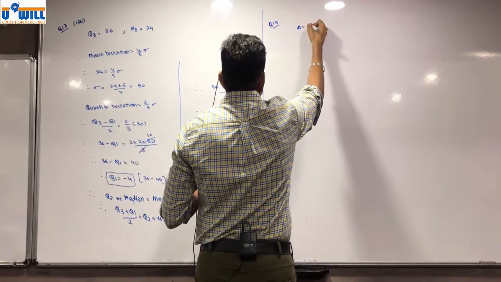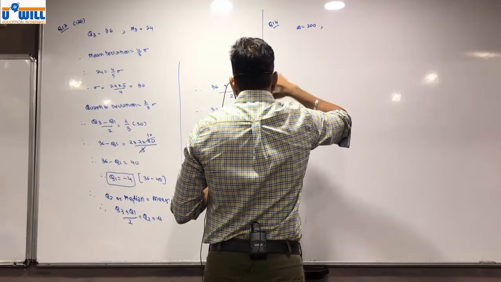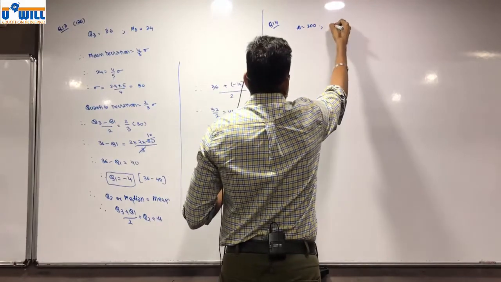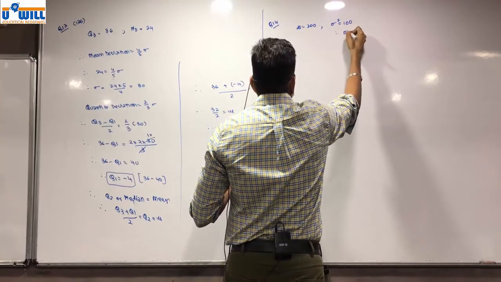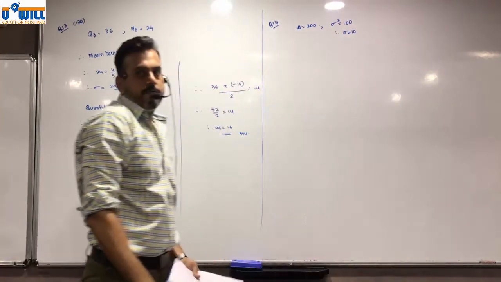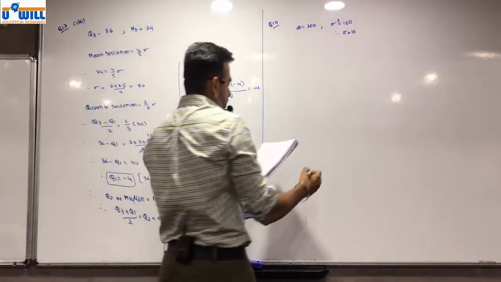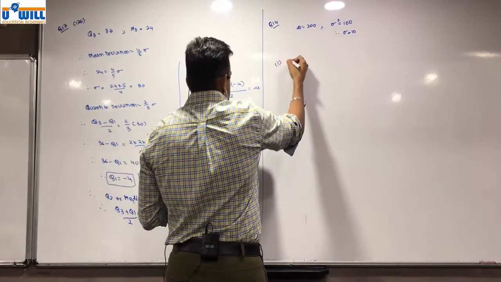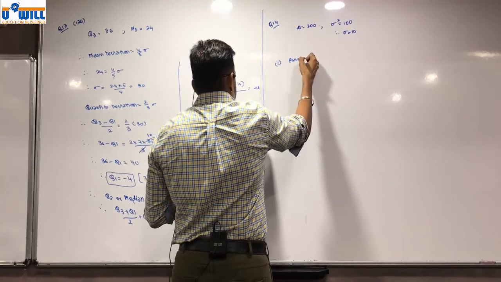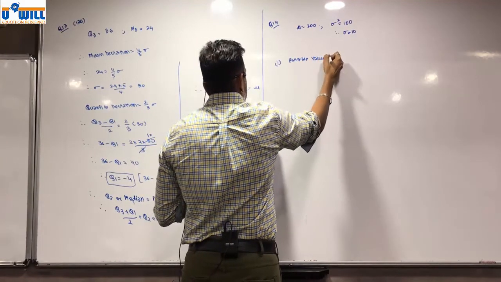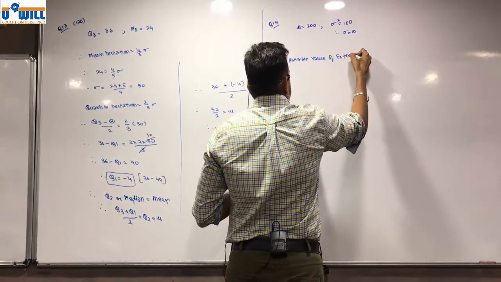Mu is equal to 200 and variance sigma square is equal to 100. Therefore, sigma is equal to 10. First, we have to find estimate values of extreme quartiles.